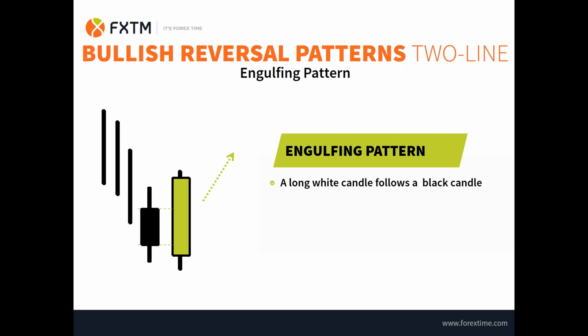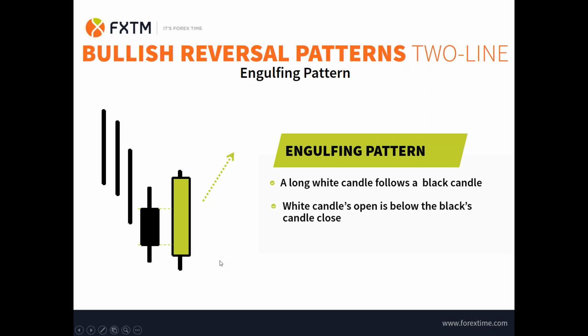White implies bullish, or any other color that you prefer, as long as you understand that the closing price is above the opening price. All right, very good. So there is a bullish candlestick that follows a bearish candlestick, and the white candle's open is below the black candle's close. So this is the case here. This opening is below this closing price.